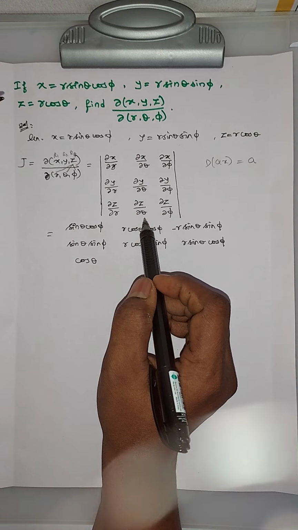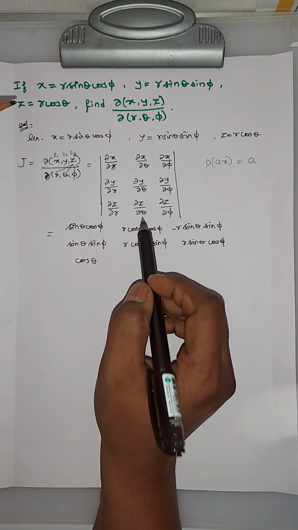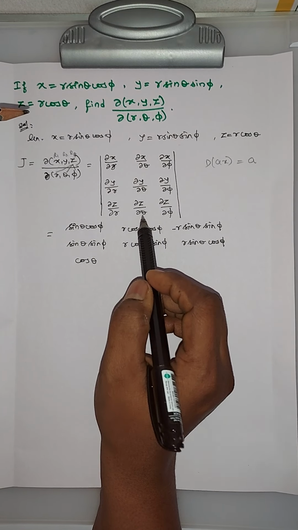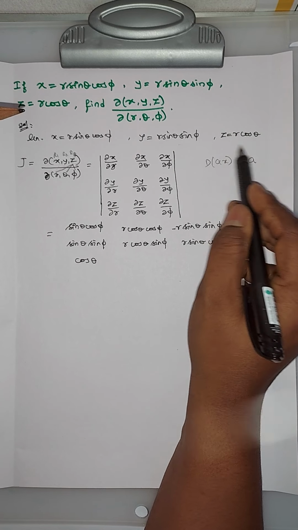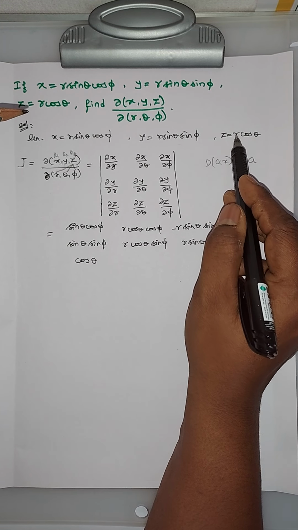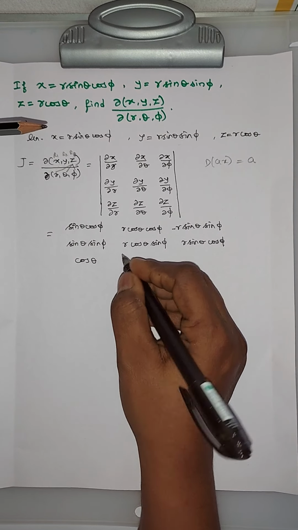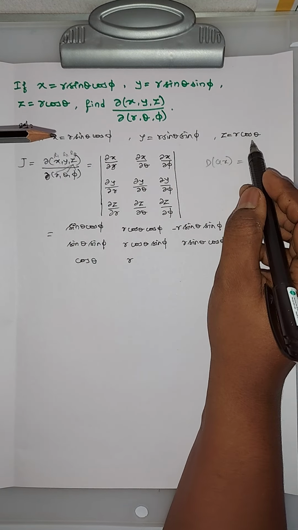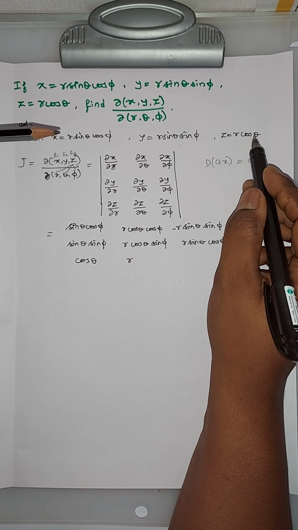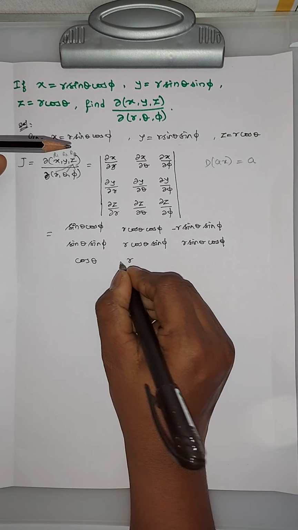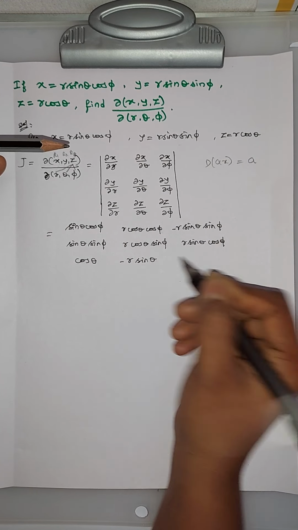Now the second element is dou z by dou theta, that is we have to differentiate this partially with respect to theta. In that case r becomes constant here, right? So r comes as it is, and partial differentiation of cos theta is minus sine theta.